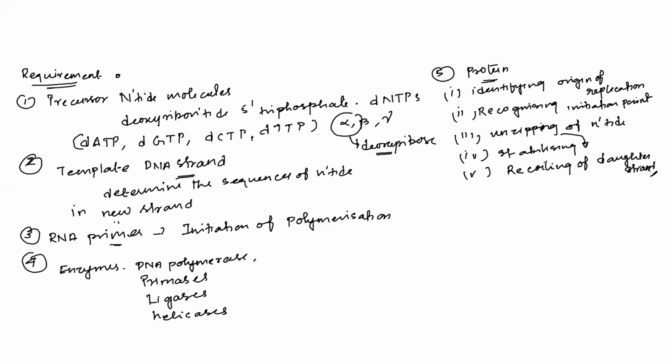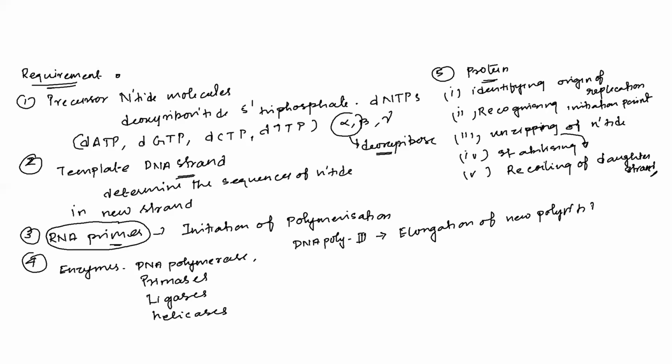Now, talking about this RNA primer, as I told you, I'll come back to this. Usually DNA polymerase 3 helps in the elongation of the new polynucleotide, but it cannot initiate the polymerization.